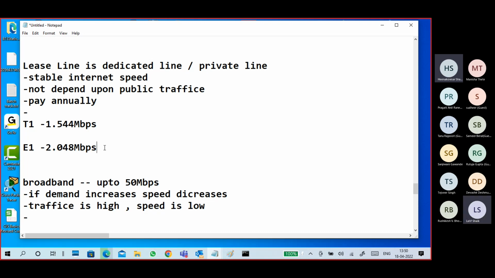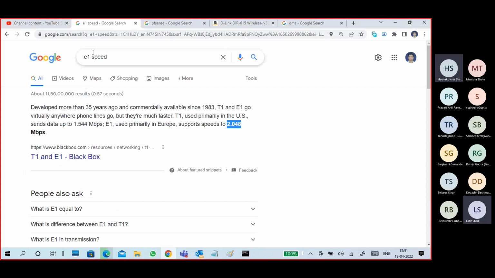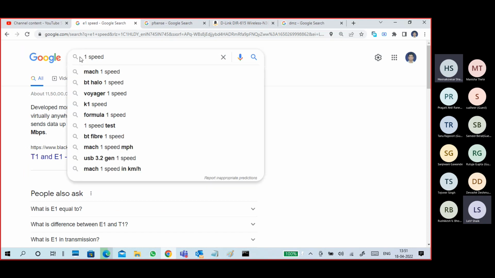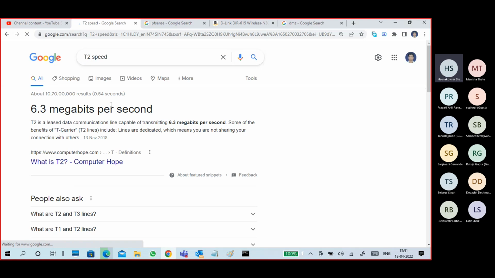If I need 10 Mbps, they will combine T1, T2 kind of standards, and then we can go for it.